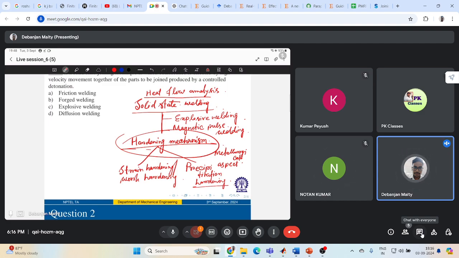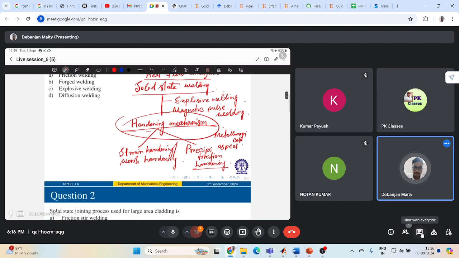So as I was talking, explosive welding is typically used to bond flat surfaces, not any other complex geometries. Typically, it is used for flat surfaces, and we mostly prefer explosive welding because of its solid state nature and when you want to join dissimilar metals, right? So let's say you want to join aluminum and copper, or aluminum and magnesium, or copper and iron.